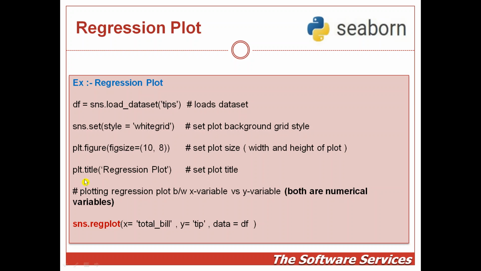After importing the required libraries, we will load the tips data set to a variable, and then set the background style, grid style, and the figure size, 10, 8. 10 is x-axis width and 8 is y-axis height. And then the title, which is called regression plot.